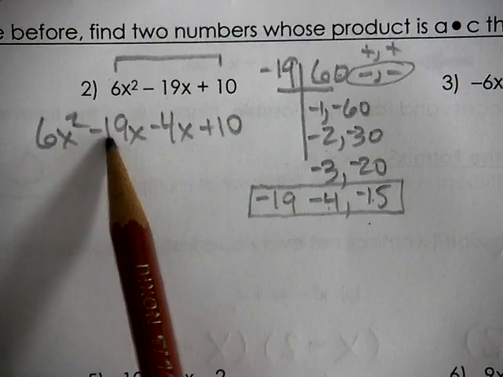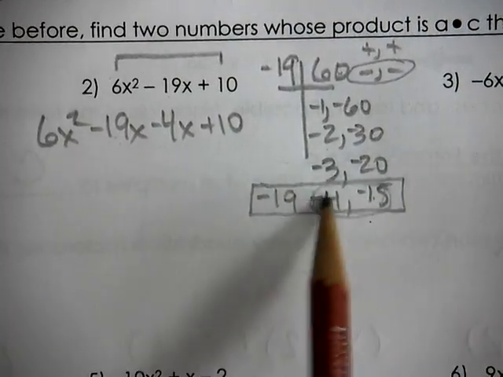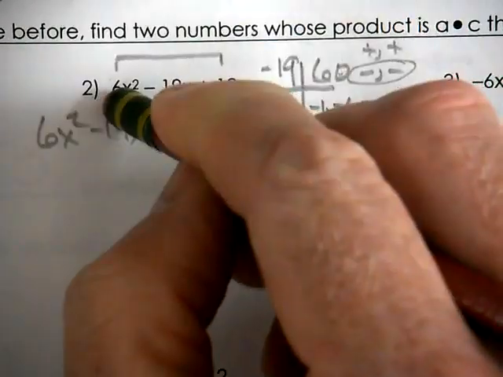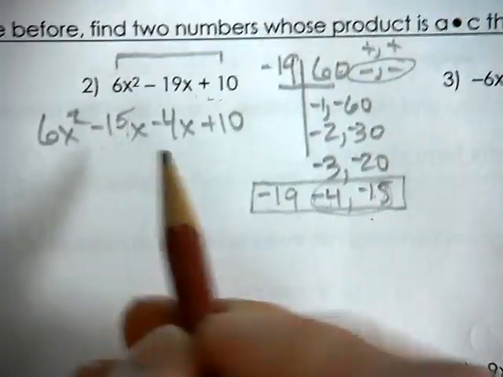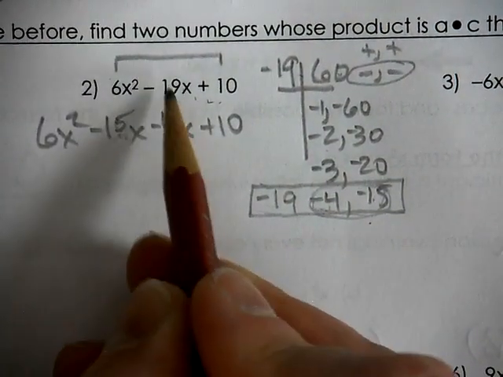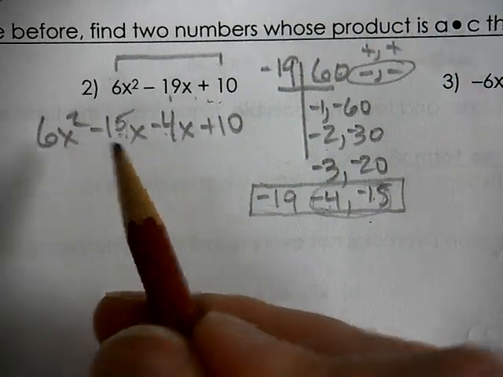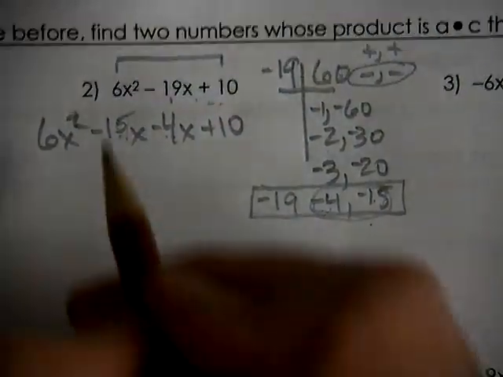I'm sorry. What number do I need here? It should be these two values. I got carried away. This needed to be 15. How did I know something was wrong? I knew that these needed to add to be 19. And 19 and 4 doesn't add to be 19. So that's different ways you can check your work to be sure you don't make a silly mistake.